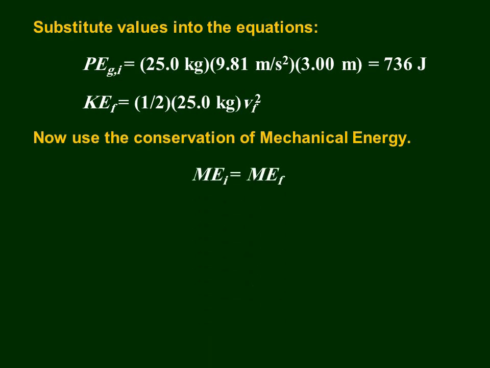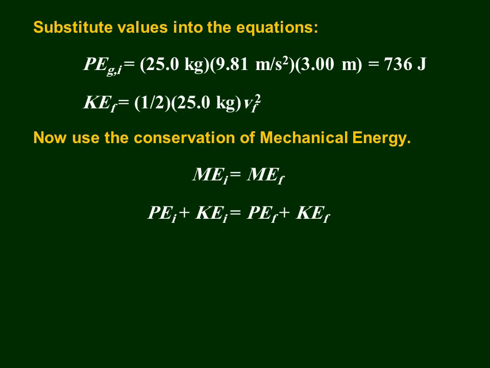Conservation of mechanical energy: initial mechanical energy equals final mechanical energy. What's the initial mechanical energy here? PEi plus KEi, potential energy initial plus kinetic energy initial, equals potential energy final plus kinetic energy final.